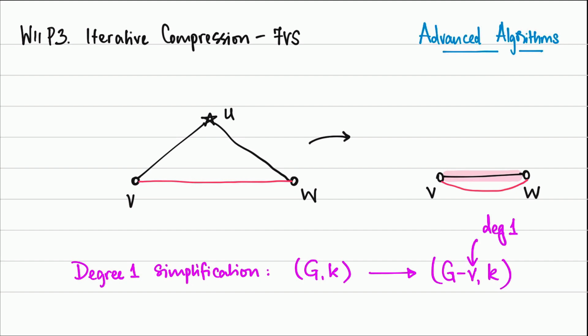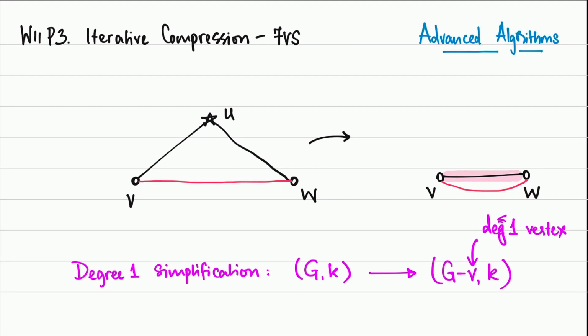And the reason this works is because degree 1 vertices never participate in cycles. So it's like saying that if you have a vertex cover instance, then you can throw away isolated vertices because they never really make a difference to the problem, right? So you can throw away isolated vertices and not change the budget. For feedback vertex set, you can throw away isolated vertices and vertices of degree 1.